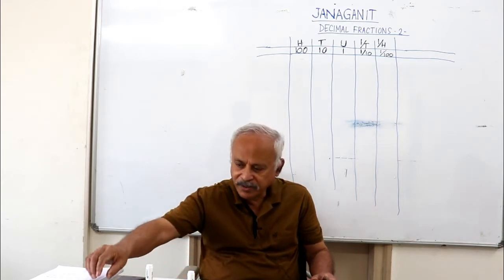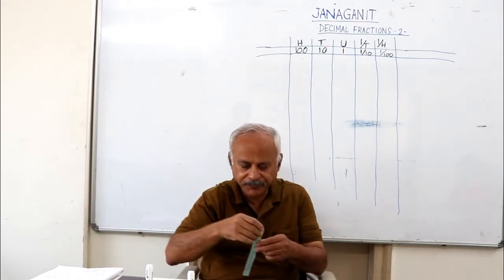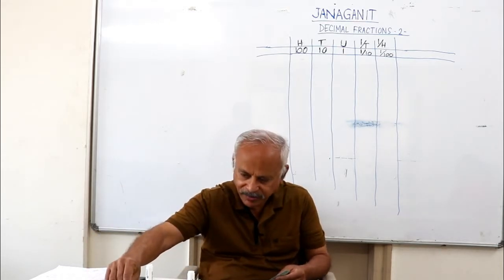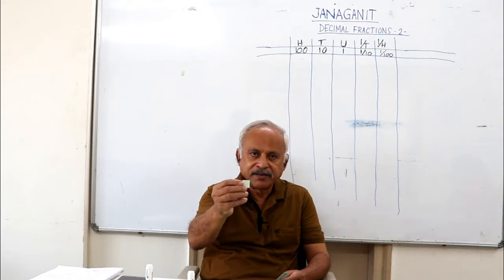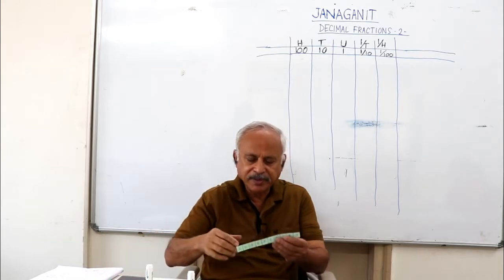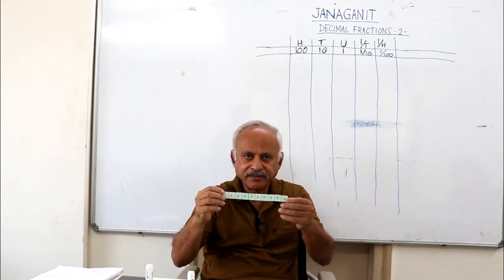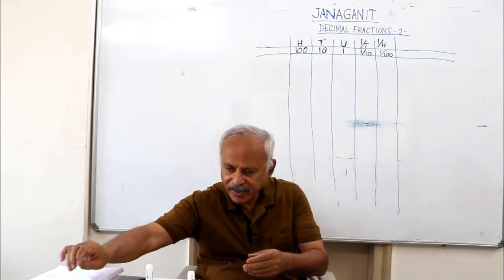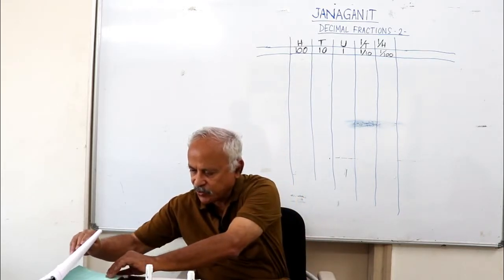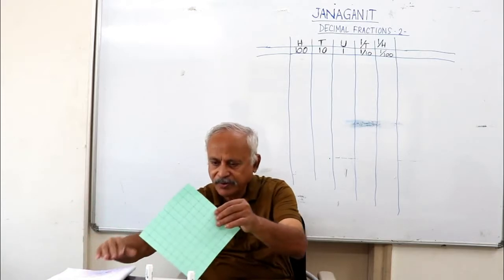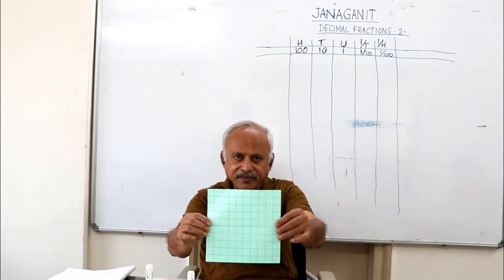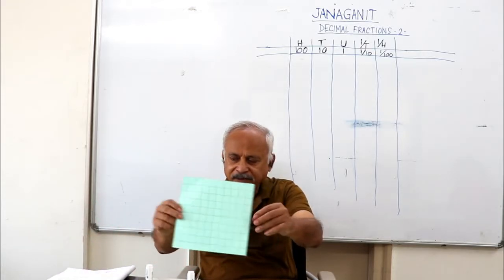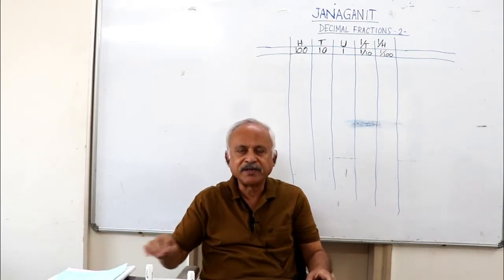We could take our ones, which are these squares, and we put 10 of them together, and this is our 10, and we put 10 tens together and we get a bigger square, which is our 100. All this we did in the last session.